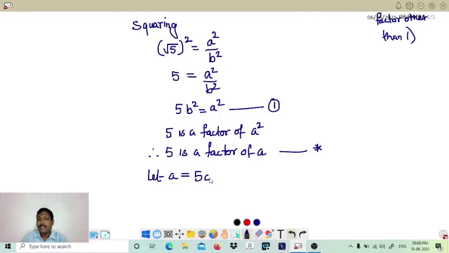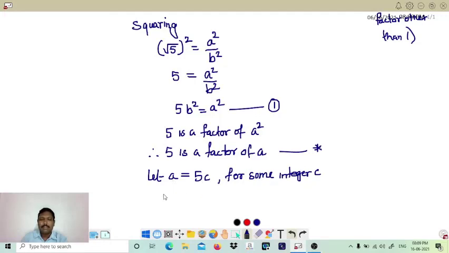So for some integer c, we can take a is equal to 5c.